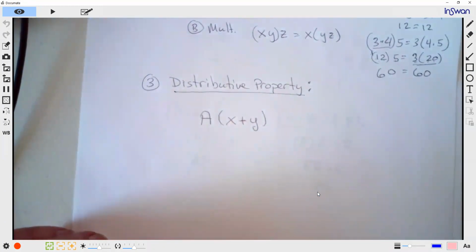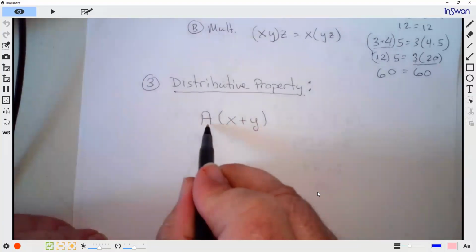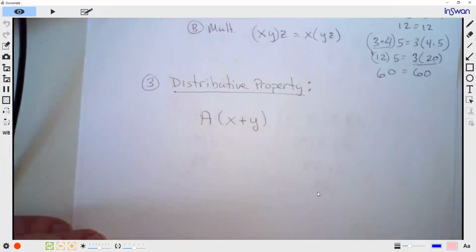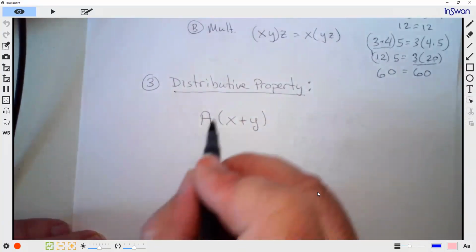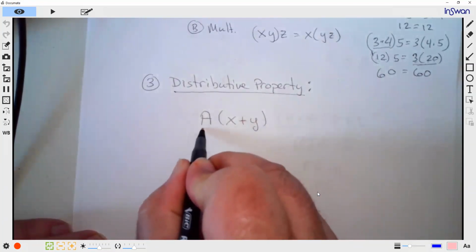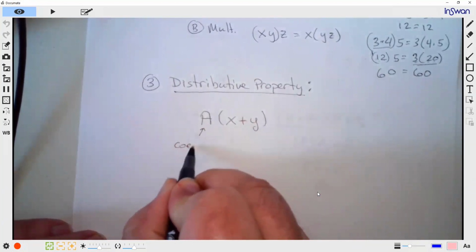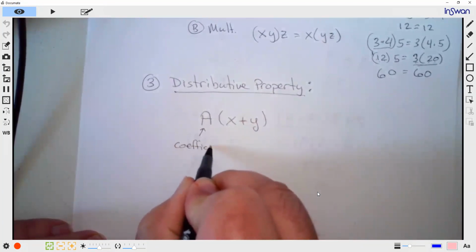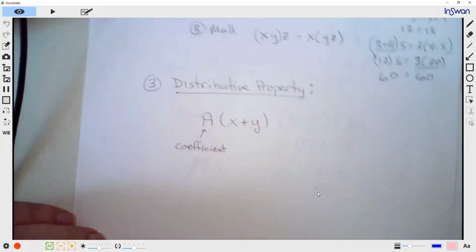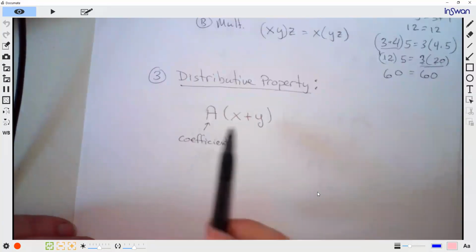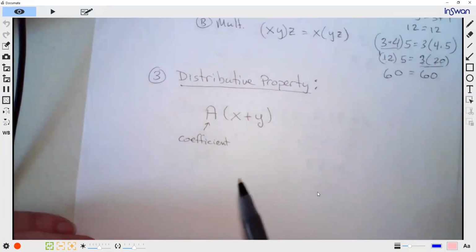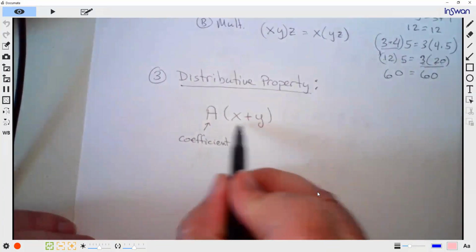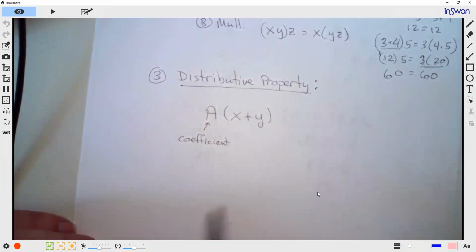Here you have a number in front, parenthesis, and an equation inside there. This number out in front is called a coefficient. A coefficient is a number in front of anything. And inside there is just an equation.